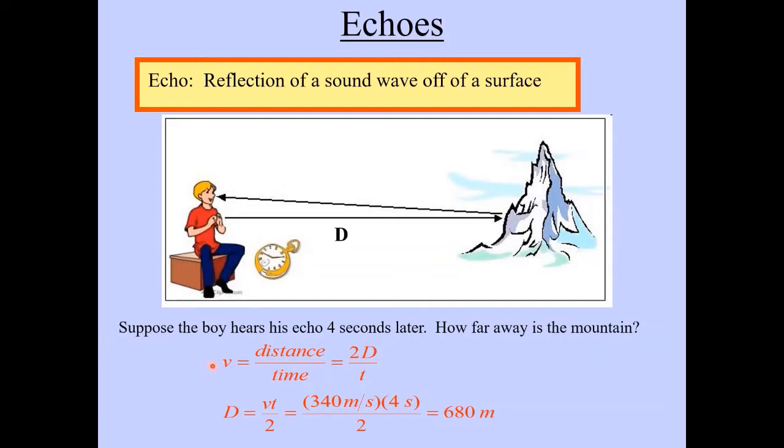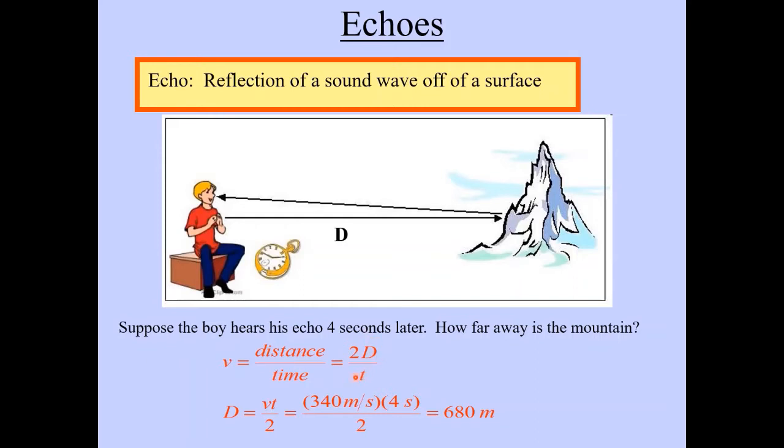So we know that velocity, or speed, is distance over time. The distance that the sound wave travels is actually 2 times this distance, because it has to go there and it has to come back. So the total distance it travels is 2d, and the time is t. All right, so we want to know how far away the mountain is. We want to figure out what d is. So we're going to solve this for d.